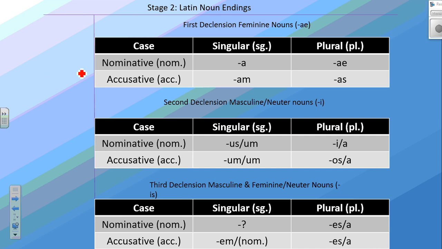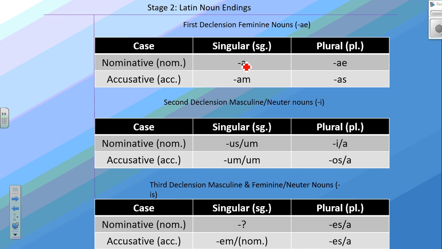Here we have them for first, second, and third declension. The nice thing is that each declension number sort of tells you how many genders exist. So first declension has 1 gender, feminine. Second declension has 2 genders, masculine and neuter. And then third declension has all 3 genders, masculine and feminine and neuter.